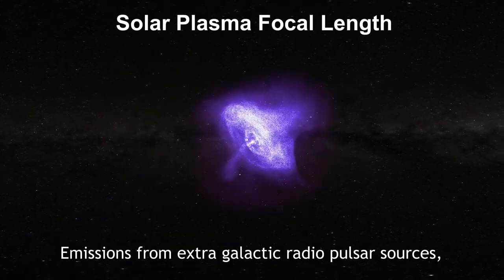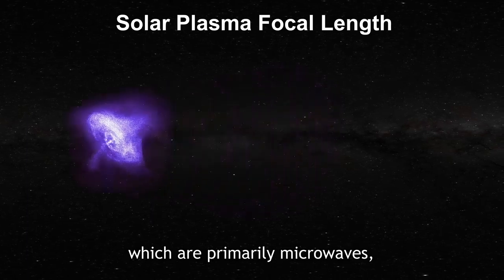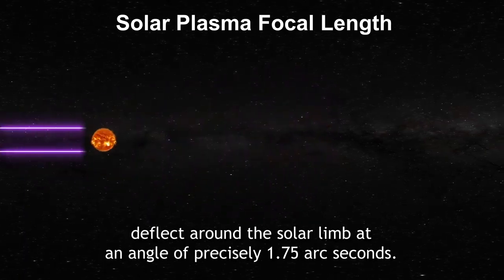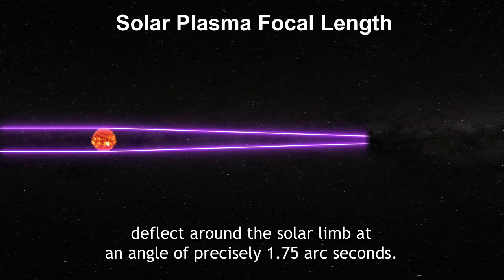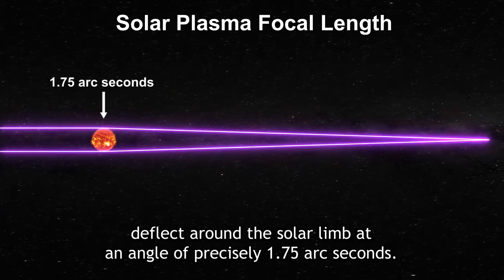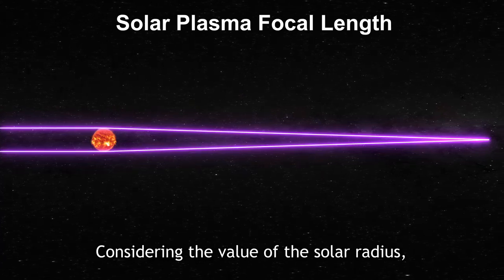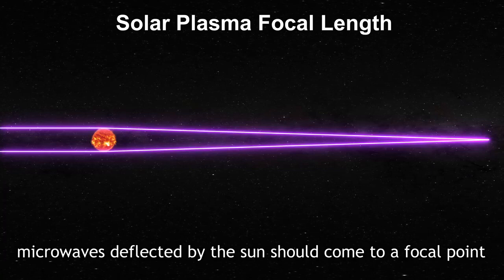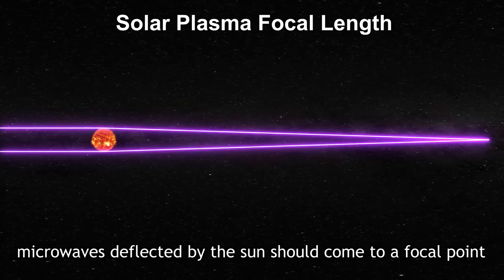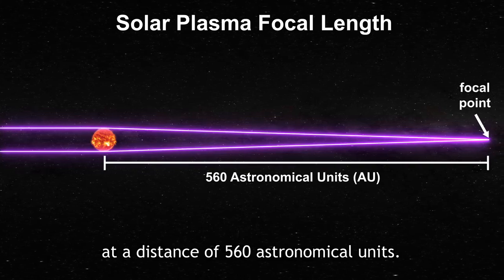Emissions from extragalactic radio pulsar sources, which are primarily microwaves, deflect around the solar limb at the angle of precisely 1.75 arcseconds. Considering the value of the solar radius, microwaves deflected by the sun should come to a focal point at the distance of 560 astronomical units.